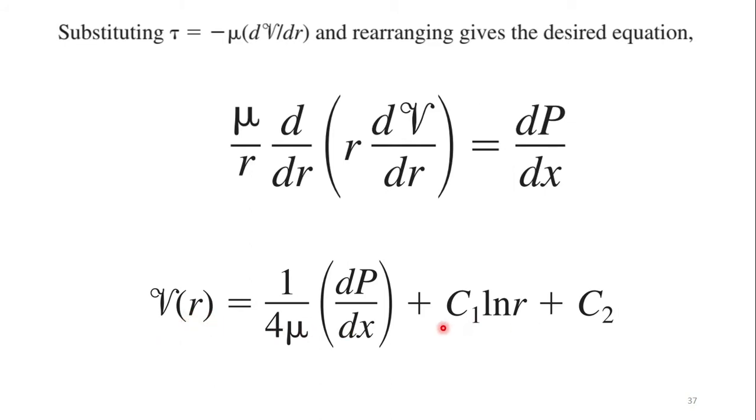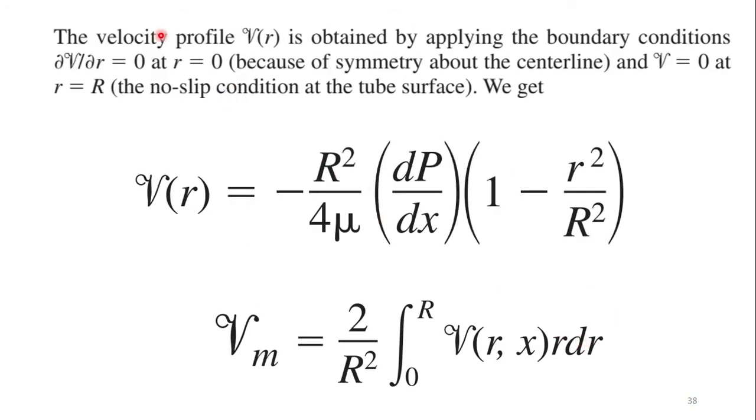Now you have to get the values of these two constants, C1 and C2. In order to get these values, you have to apply the boundary conditions. The velocity profile, V(r), is obtained by applying the boundary conditions. The first boundary condition is the change in the velocity with respect to the change in radius.